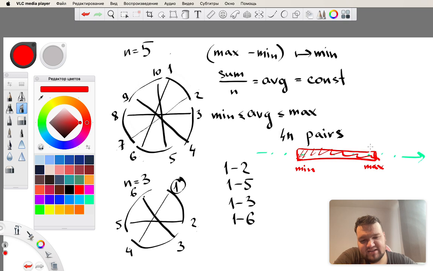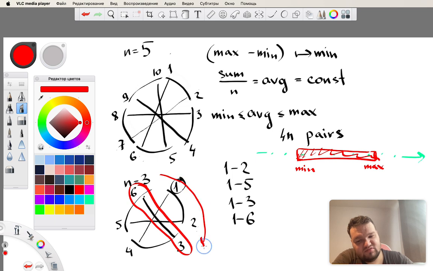Well, I guess it should be some kind of DP. I will fix the decision whether I want to swap the last pair, and then I will go around the circle, and I know the decision I made for the last pair.